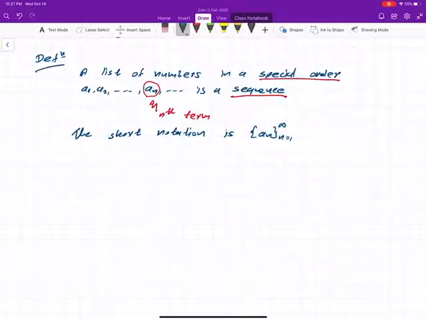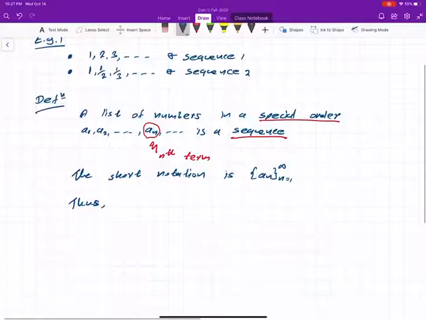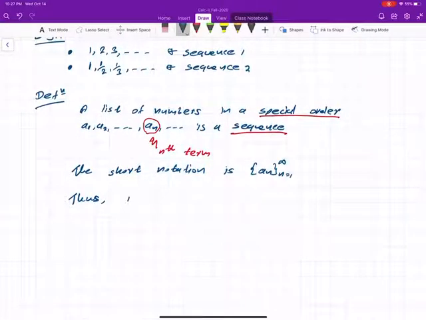Now we have to put the two above sequences into the general format. Let's say this is given to you: 1, 2, 3, ... The format of this one is {n}, n goes from 1 to infinity.